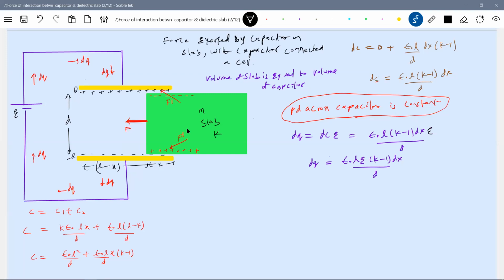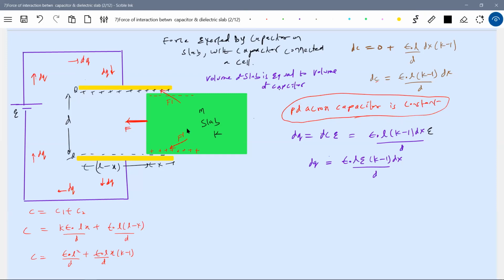So what shall we write here? Work done by the cell is equal to the increment in potential energy across the capacitor plus the increment in kinetic energy of the slab. That's the expression we have to write. So how do we get the increment in energy of the capacitor? We already know dq. What quantity across the capacitor remains constant? The potential difference.